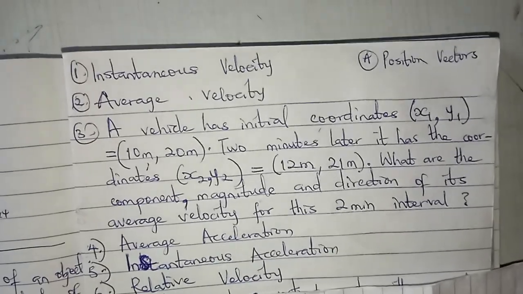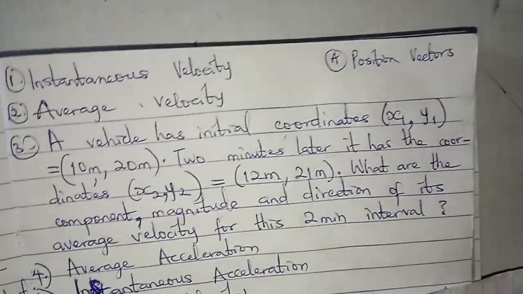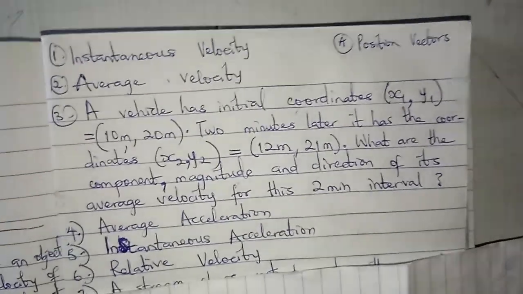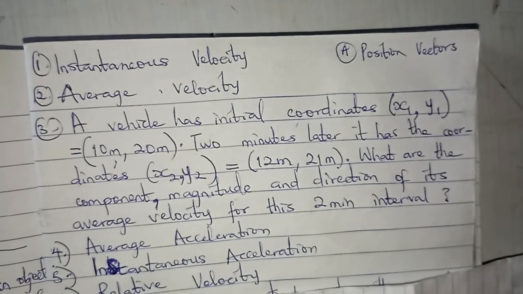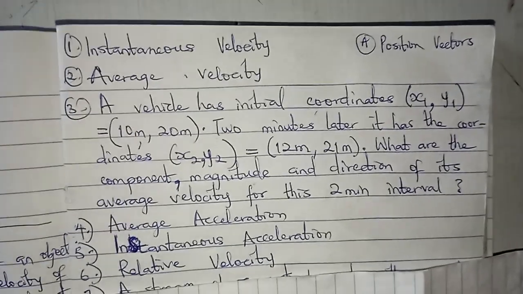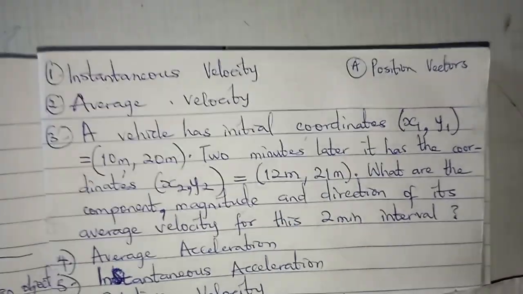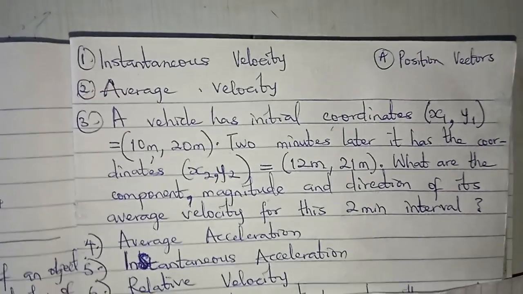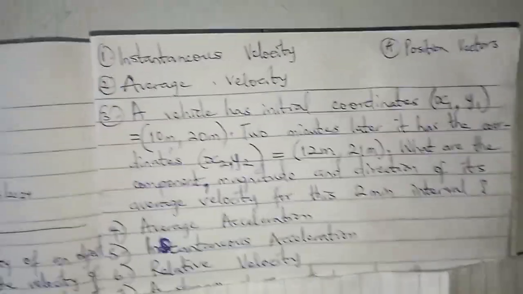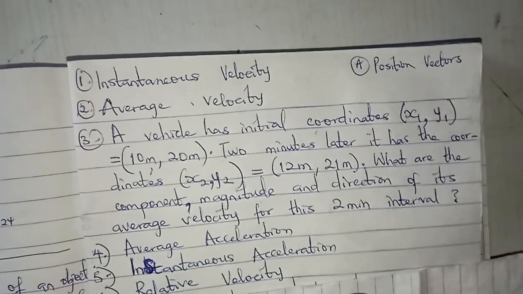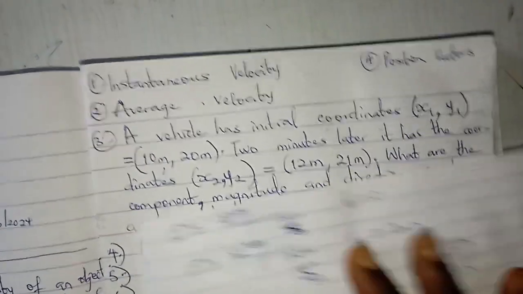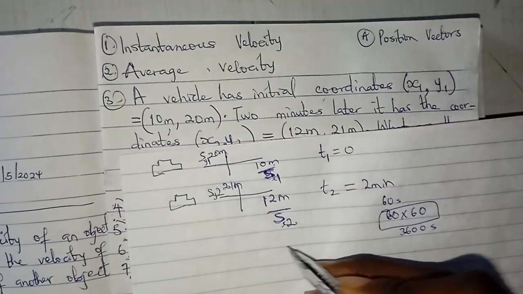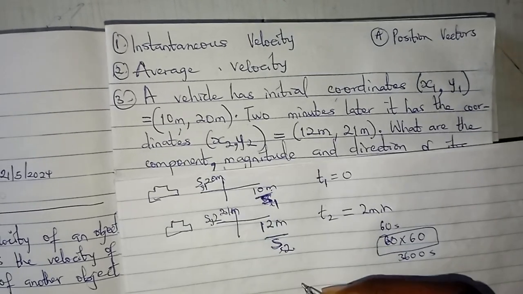So you need to know that whenever they are telling you about the magnitude of a component, it's talking about Pythagoras. Pythagoras theorem, that is x and y axis, the Pythagoras. So this is simply saying subtract x1 from x2.